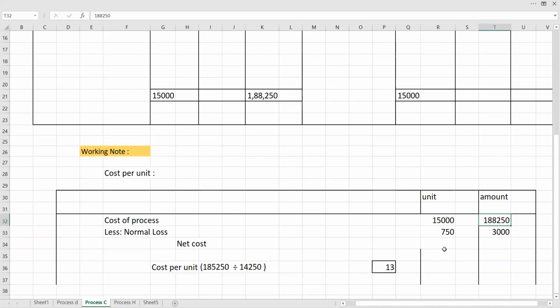So the net cost is, sorry, here it is 14,250 units, and the net cost of this is 1,85,250.